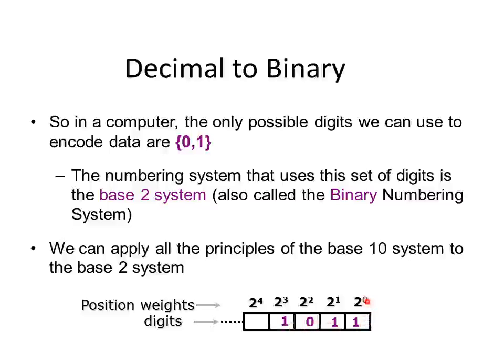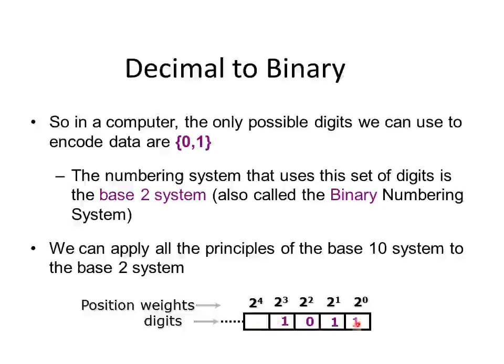In the decimal number system, we assign 10 to the power 0, 10 to the power 1 and so on. In the decimal system, all the position weights are multiples of ten, but in this case the base is 2, so in the binary number system the position weights will be 2 to the power 0, 2 to the power 1, 2 to the power 2, 2 to the power 3, 2 to the power 4 and so on.